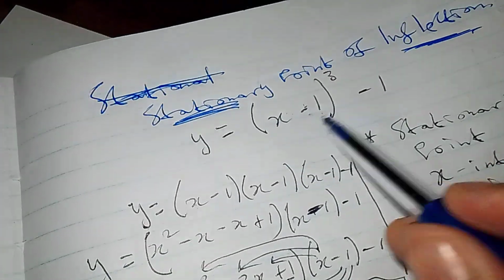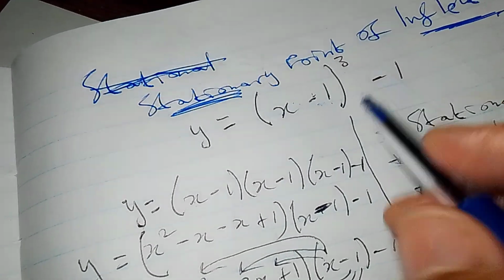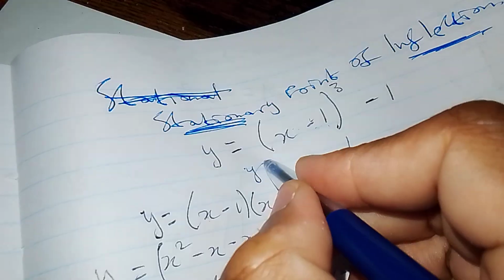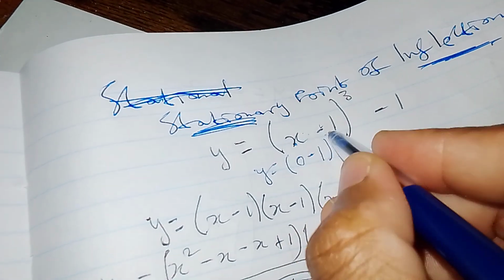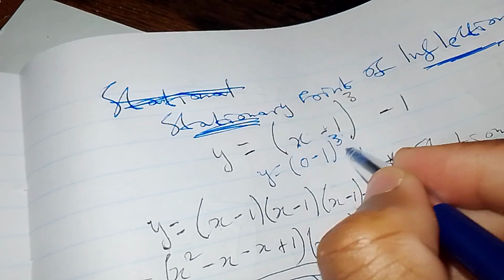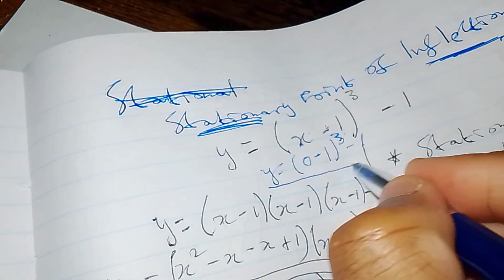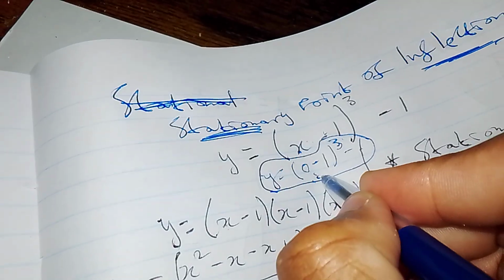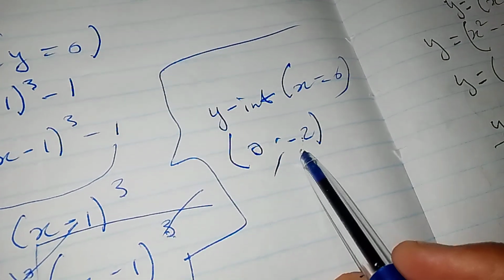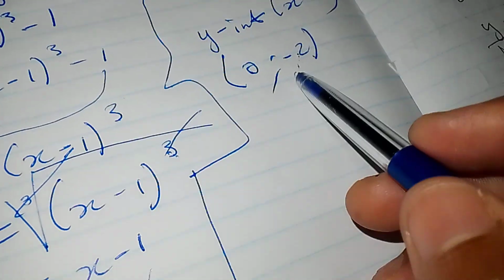But with this equation here, you won't take negative 2 for the y-intercept. The y-intercept will be equal to, where there is x, we have to put a 0, minus 1. So with this equation, you have to do this. You don't have a choice. And then you will get this negative 2 that I got here.